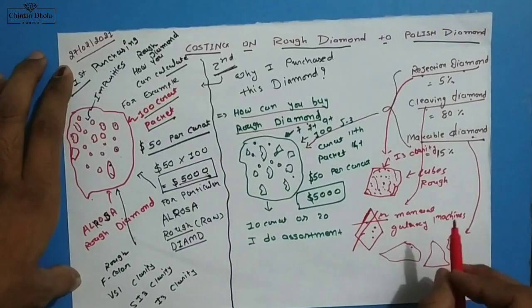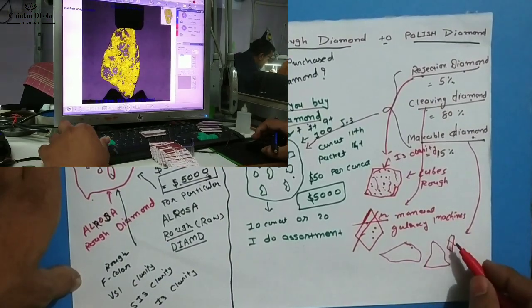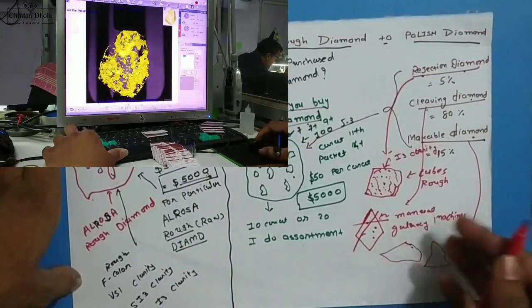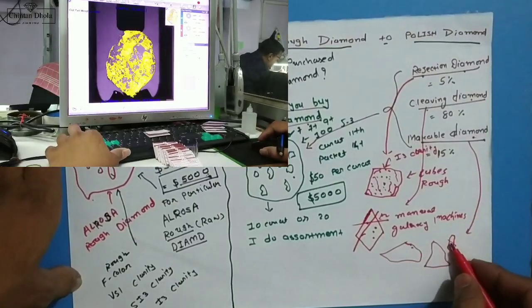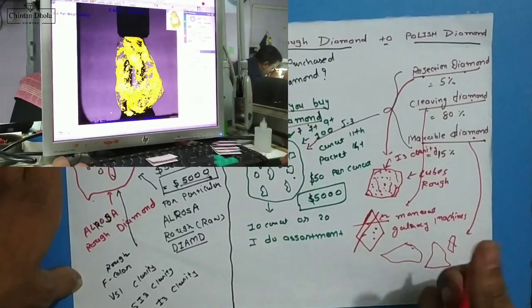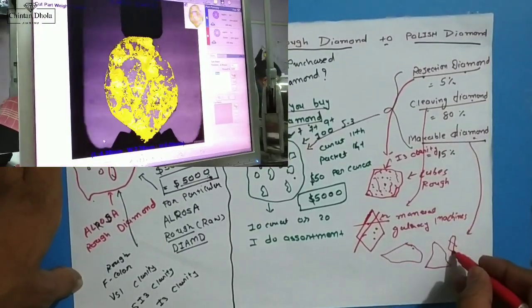So we don't have to worry about how to do the plan manually. We have a Sarine machine, so it is a very easy and simple way of getting two diamonds, very heavy diamonds, and the weightage is also good for this particular diamond. So this is called a makeable diamond.